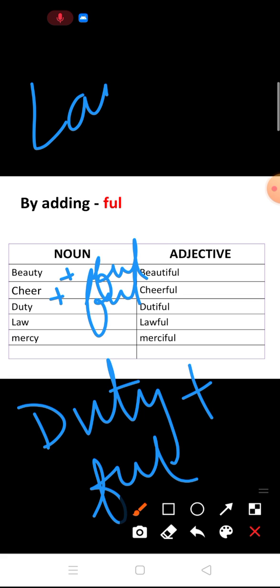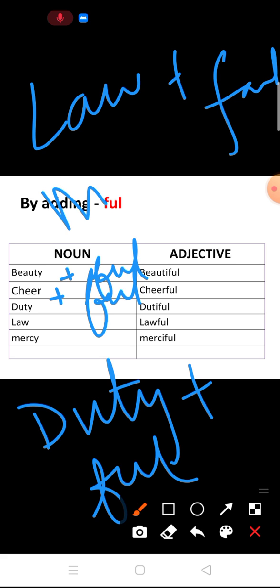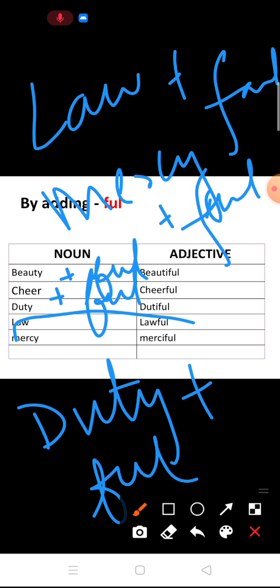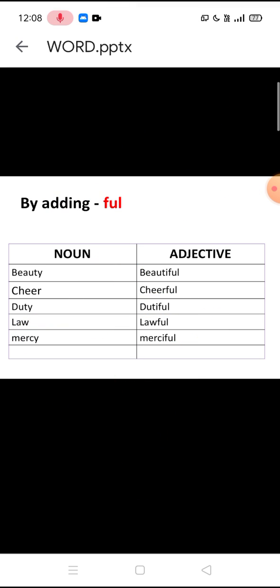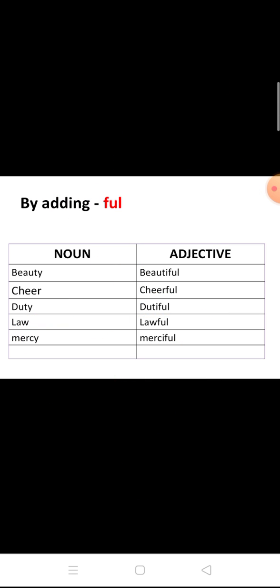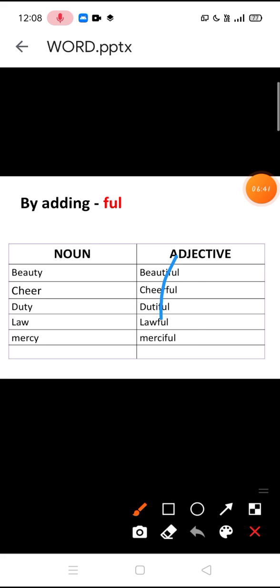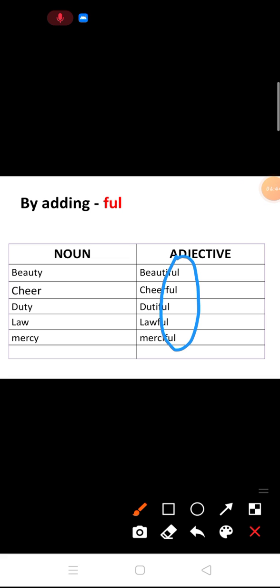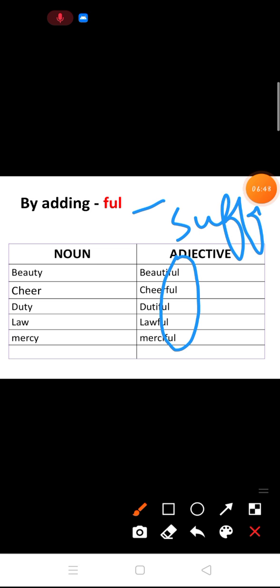Law plus ful becomes lawful. Mercy plus ful becomes merciful. So this is how we can get adjective from noun by just adding the suffix. These are the suffixes. ful is a suffix.